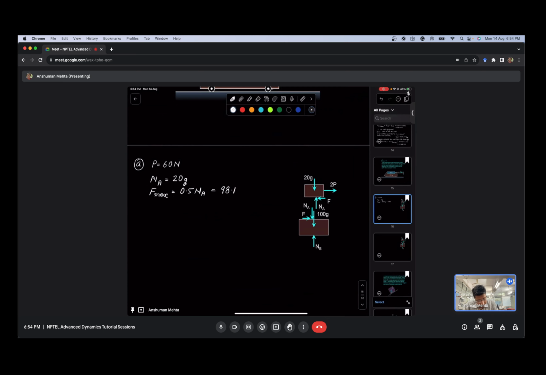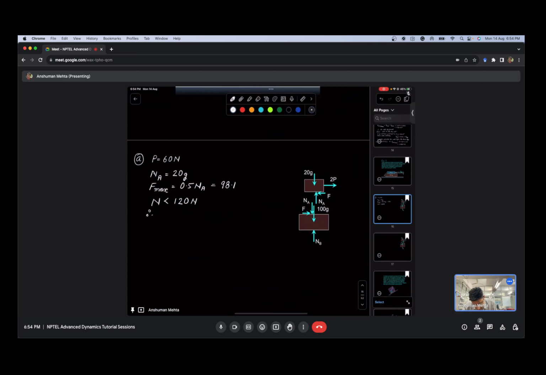So we can say that this is less than 120 Newton. Therefore this block A moves forward relative to B.